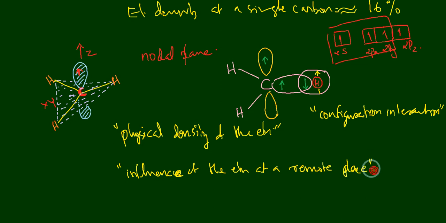So from the mere idea of the physical density of the electron at a particular location, we have to think about the influence of an electron at a remote place. This is the idea that we have to incorporate while modifying the molecular orbital theory in order to predict the ESR spectrum or hyperfine structure of the ESR.